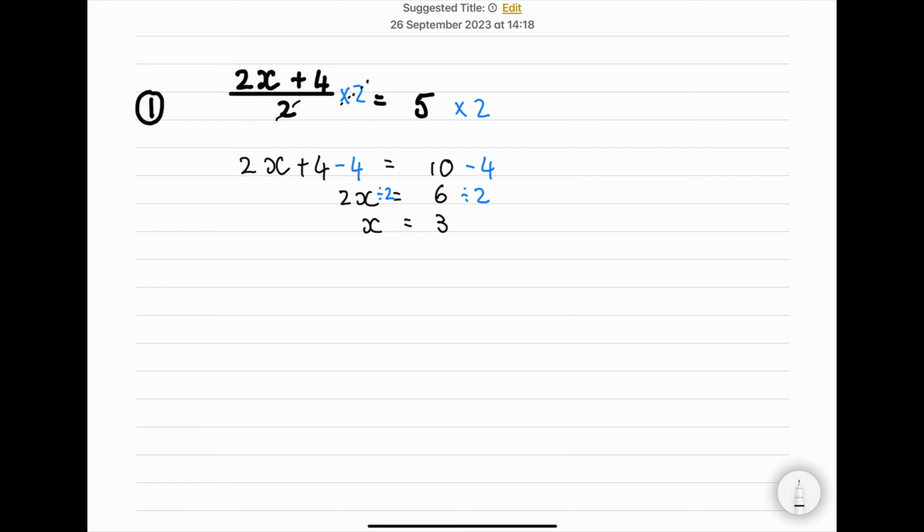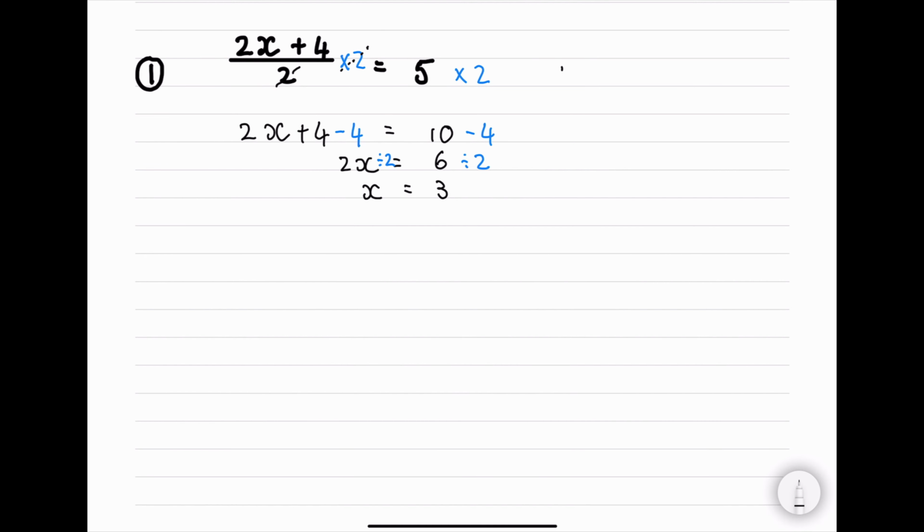And now another trick, how you can always know if you have the correct answer, is to test it. To put your x value back into the expression. So I'll do it over here. The left hand side was 2x plus 4 over 2. And then you substitute your x value into the expression.